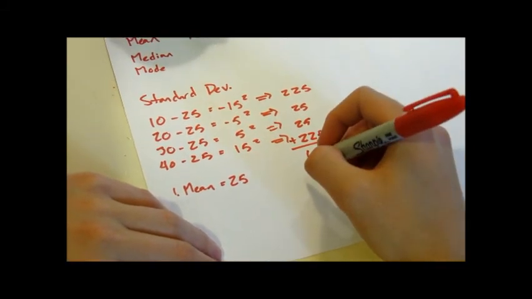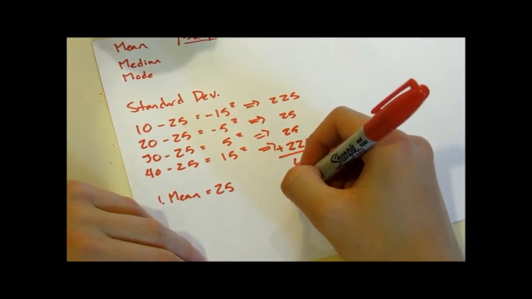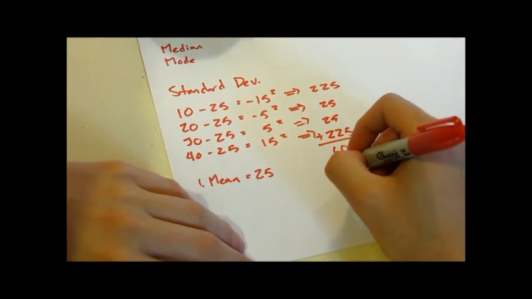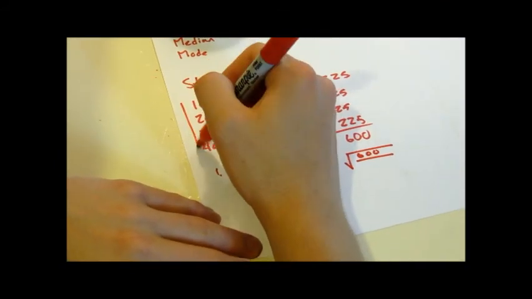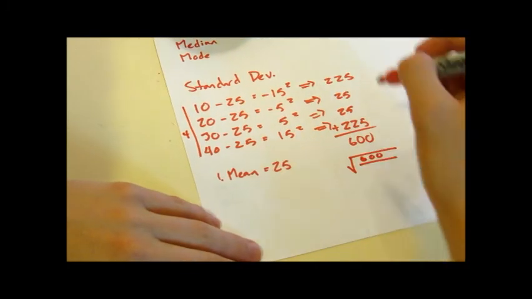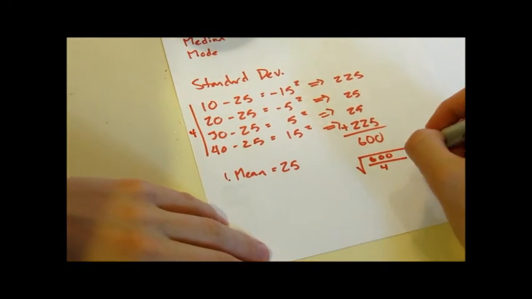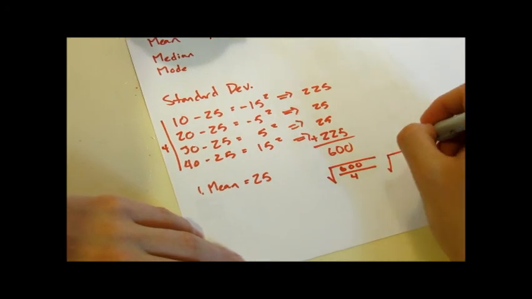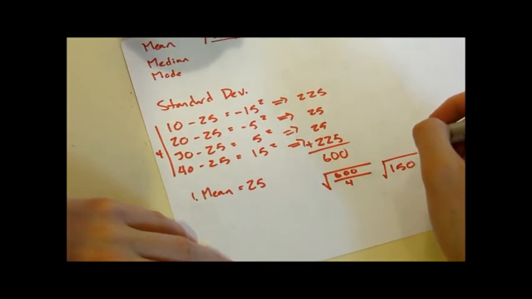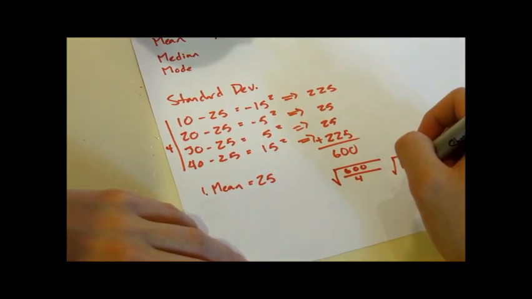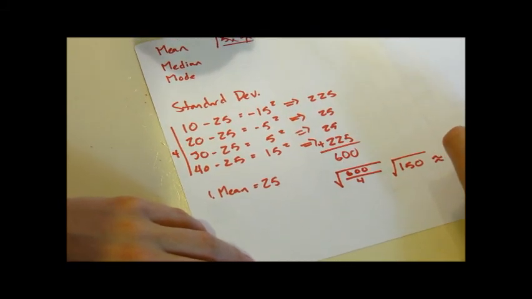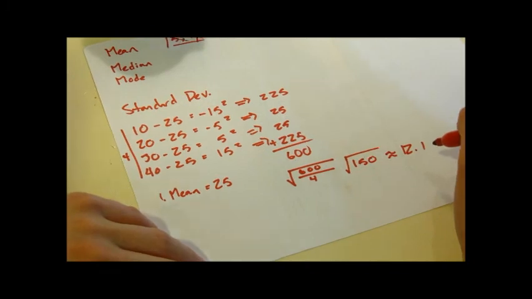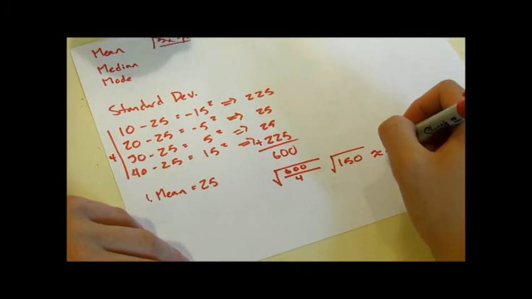And we're going to take the square root of that number divided by our original number of terms, which is 4. So that would be the square root of 150, which is about 12.1. So our standard deviation is 12.1.